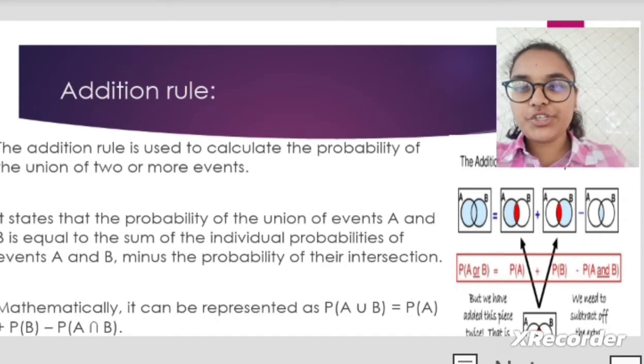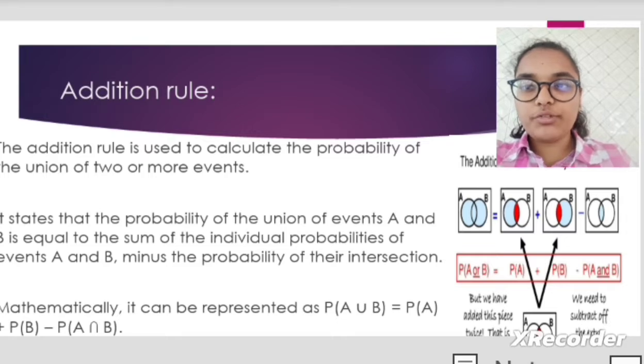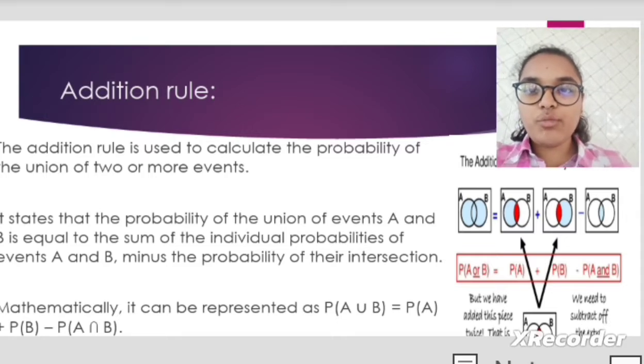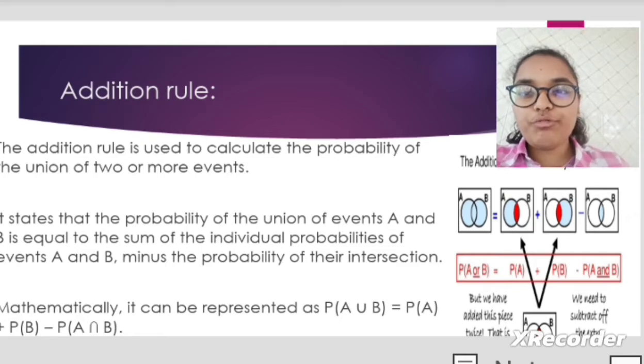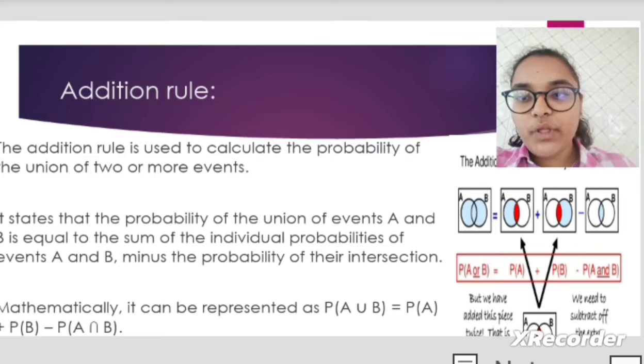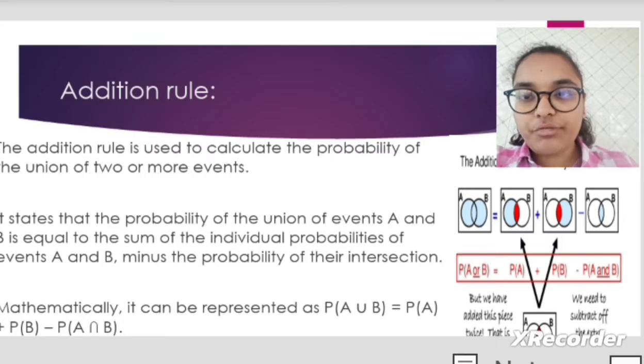Next is addition rule. The addition rule is used to calculate the probability of the union of two or more events. It states that the probability of the union of events A and B is equal to the sum of the individual probabilities of events A and B minus the probability of their intersection.